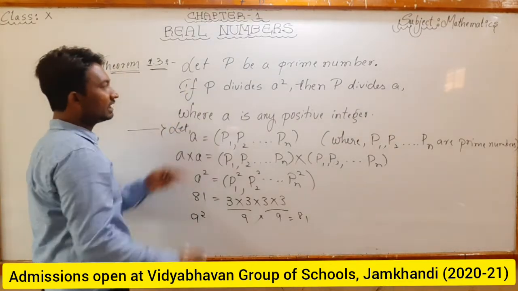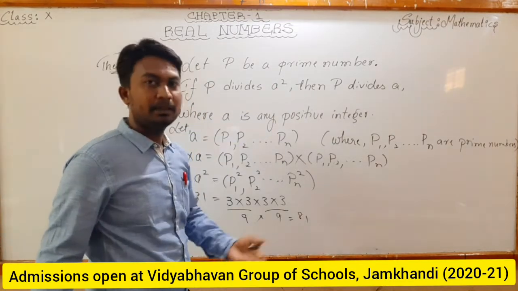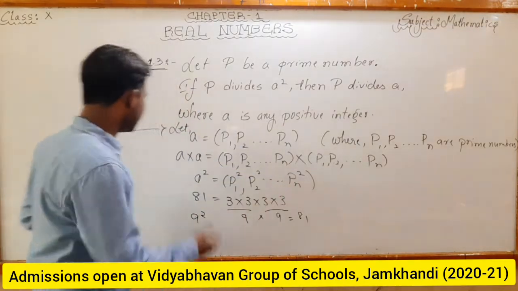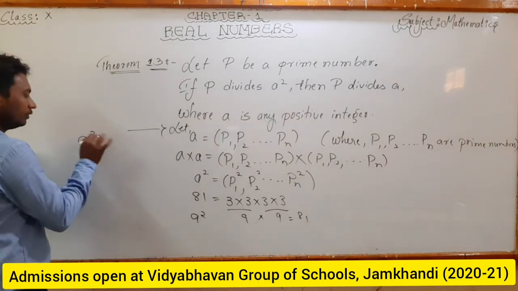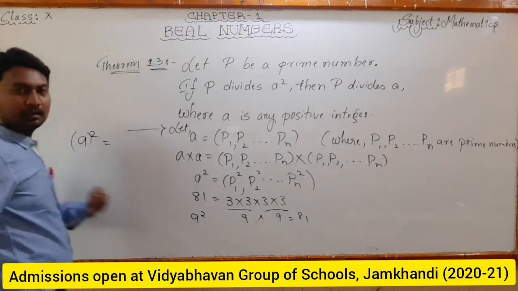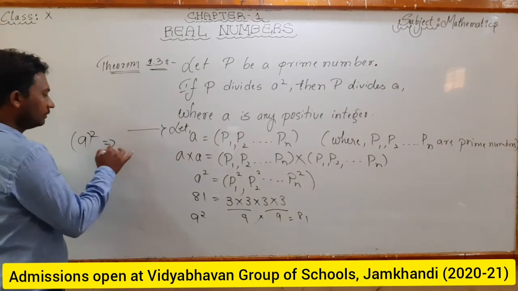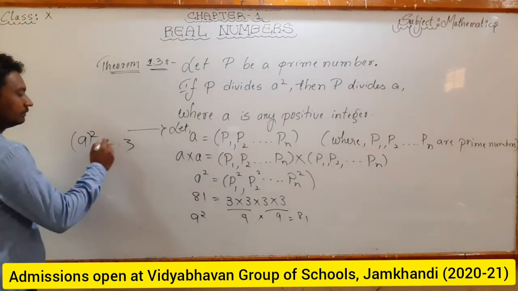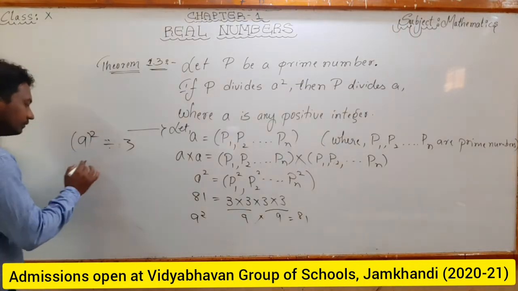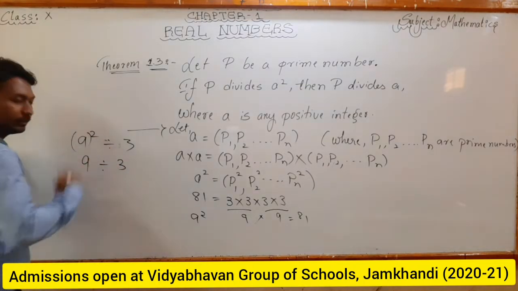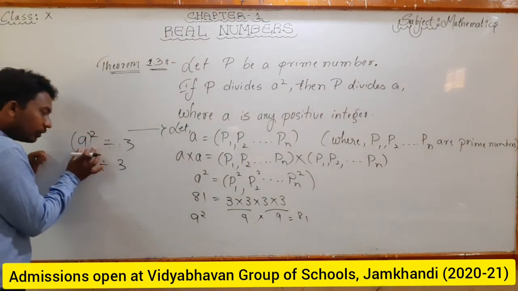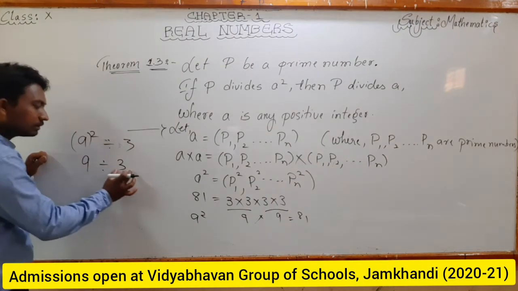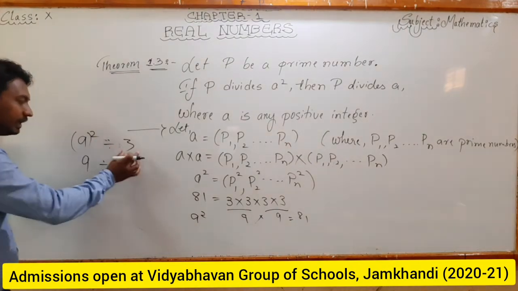See, this shows that P is a prime number. If P divides A square, here 9 square, I have taken 9 square now, and it is divisible by 3, then the same 9 will also be divisible by 3. That means A square is divided by P, so A will also be divided by P, where P is a prime number.